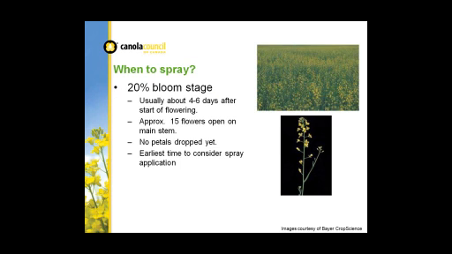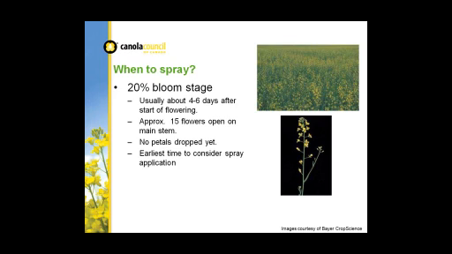So bloom staging. How do we know when we've got 20% bloom? Actually identifying this requires you to get out of the seat of the truck or get off your spray rig and walk into the field. You need to be counting the number of flowers that are open.